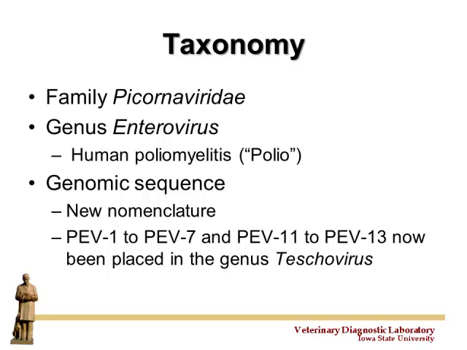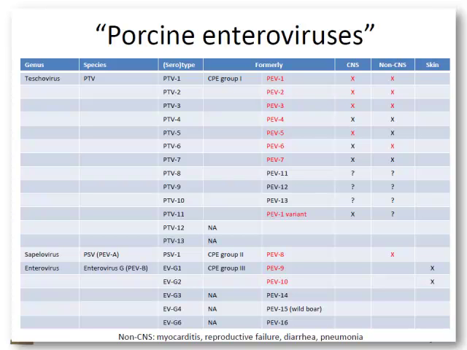And what that did is most of the pathogenic enteroviruses in swine are now considered teshoviruses. And the list here is quite long, 13 of them in that group potentially, with 7 of them or so that are known potentially to cause CNS or CNS-like disease. So that just needs to stay on the radar.